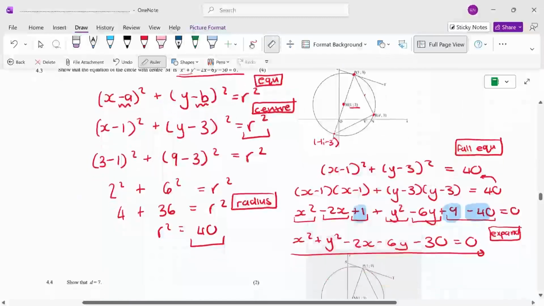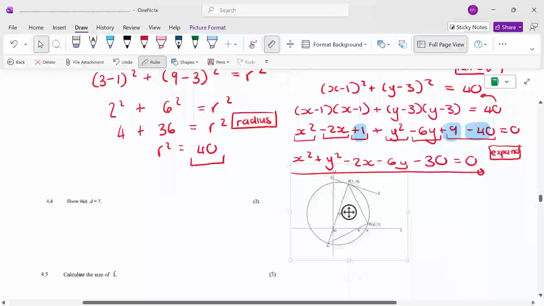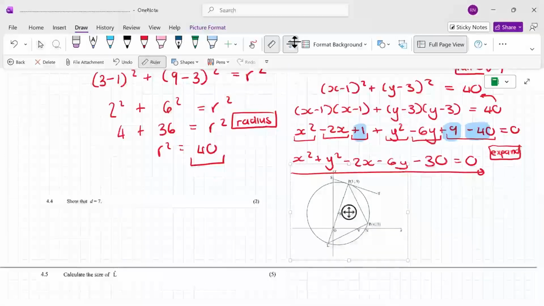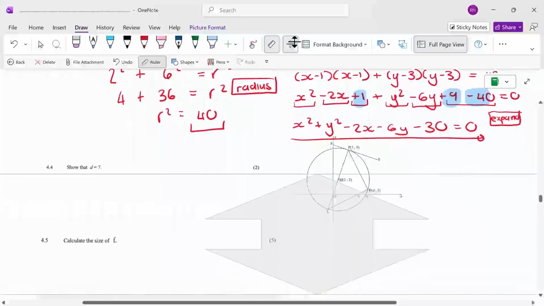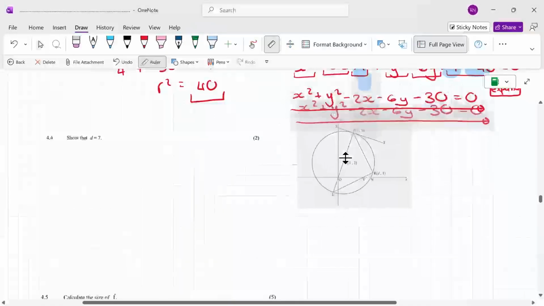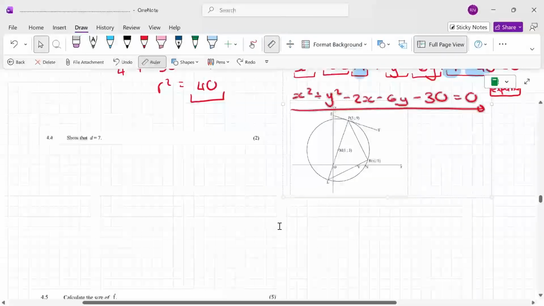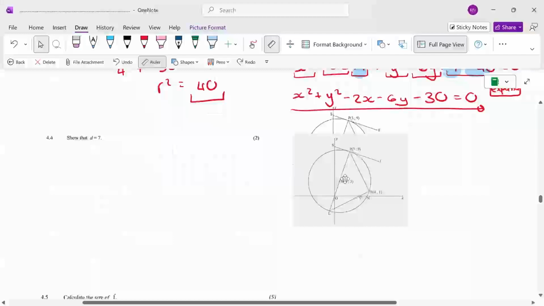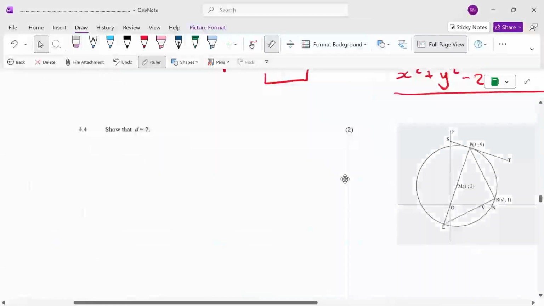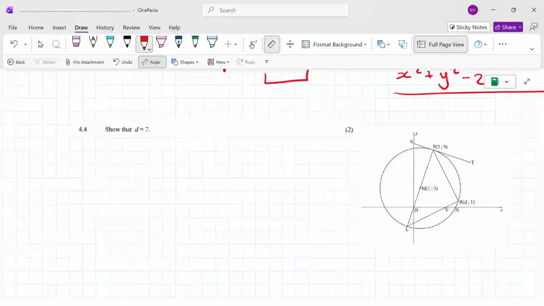Okay. Then they asked, next question is, show that D is equal to 7. Okay, let's move this down a little bit. Show that D is equal to 7. So we know that D is over here at R, right?